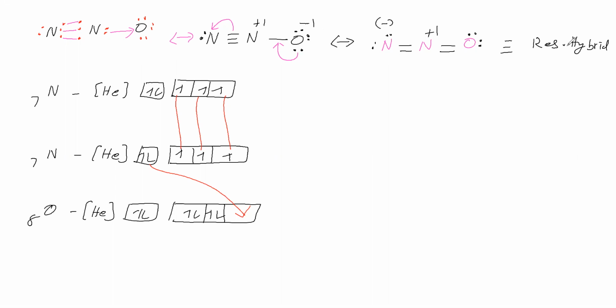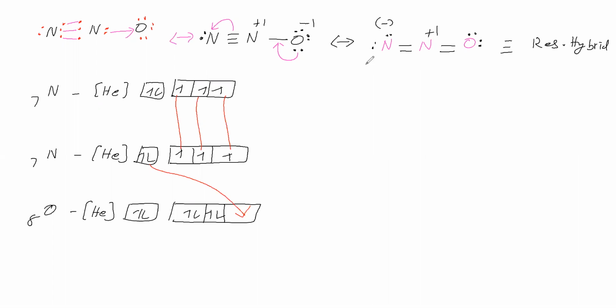Now here, the resonance hybrid is having the highest stability. Resonance structures are having less stability. Among these resonance structures, which is having more stability out of these two?